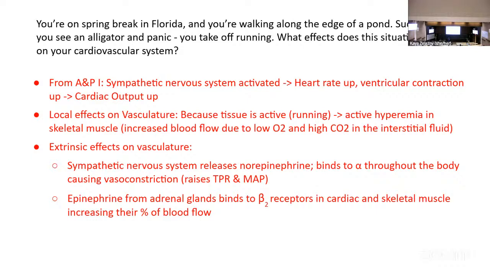Those beta-2 receptors are in the heart muscle, so cardiac muscle, and the skeletal muscle that you're using to run, right? When we bind to a beta-2 receptor, that creates dilation, vasodilation. So we're increasing the amount of blood that's going to heart muscle and that's going to skeletal muscle at the same time as using norepinephrine to keep our blood pressure up.